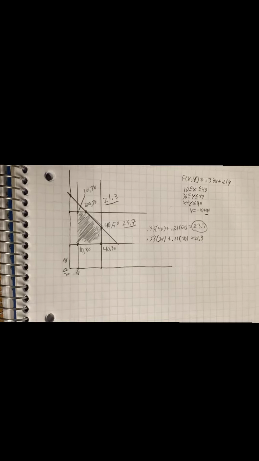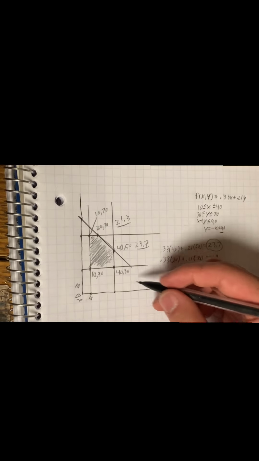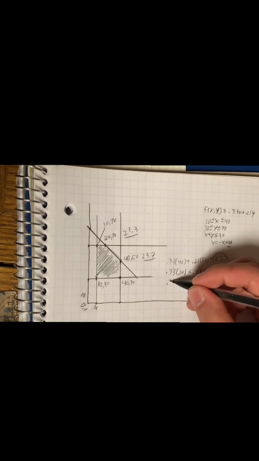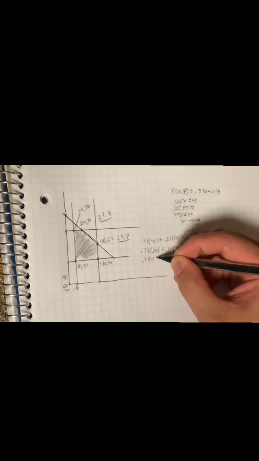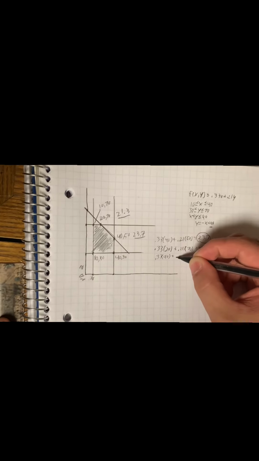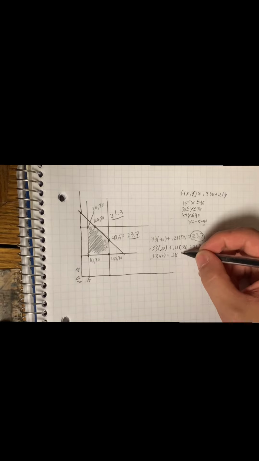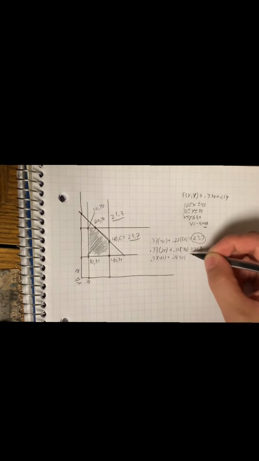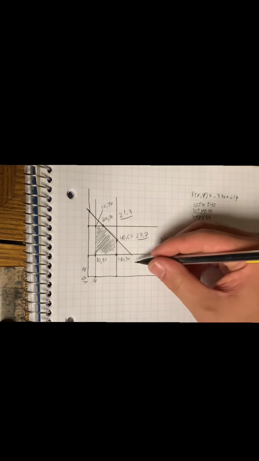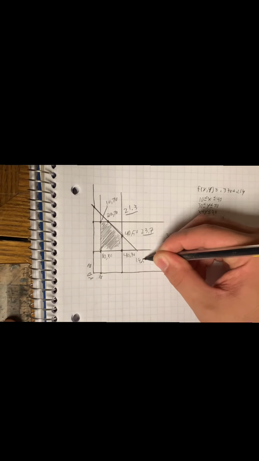Now our third equation will be using 40, 30. So 0.33 times 40 plus 0.21 times 30. That only equals out to 19.5.